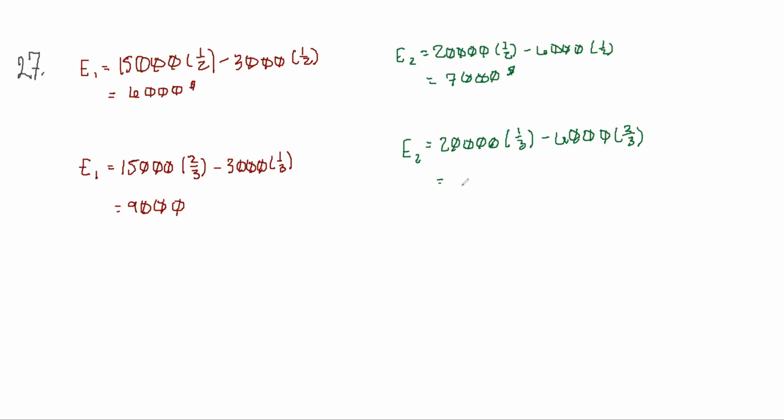So that's like 6,600 minus 4,000, which is going to be 2,666 dollars.